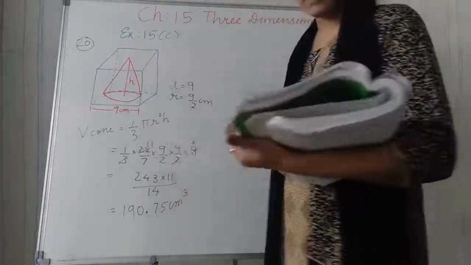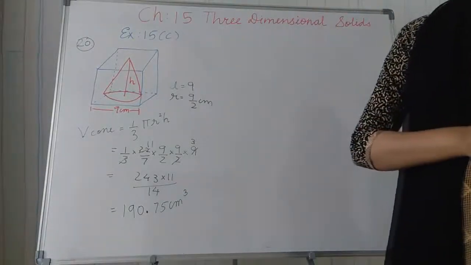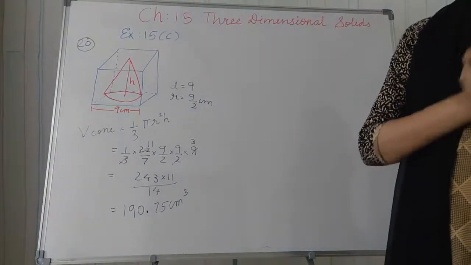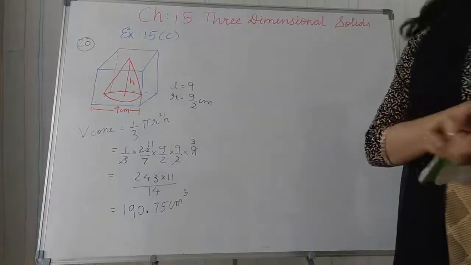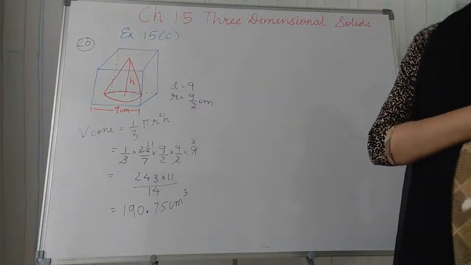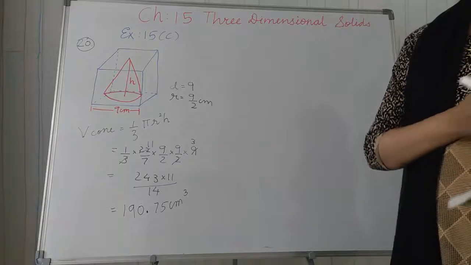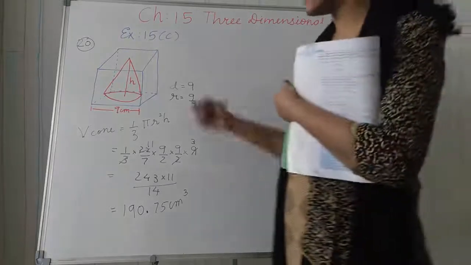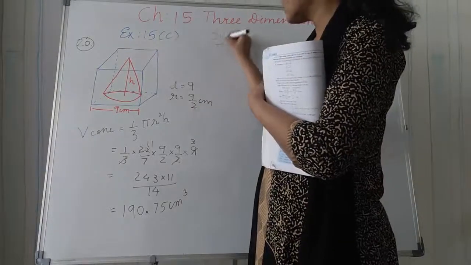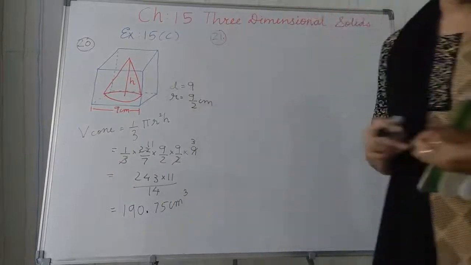No, volume it is. So this is in centimeter cube we found. So students, this is question number 20. Here back side it is 190.93, but I think this is correct only that we have solved. Again you can check by calculating it.